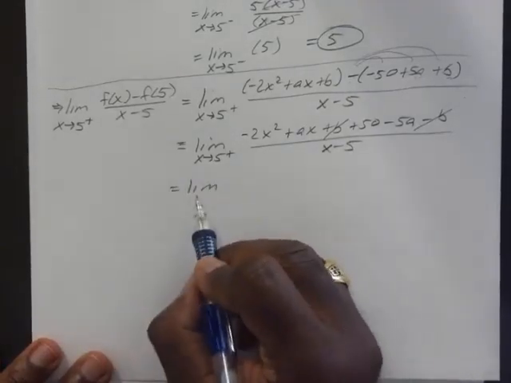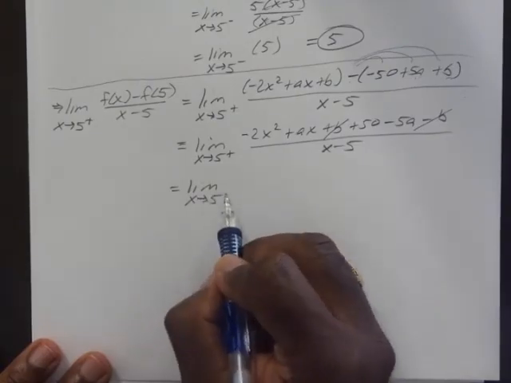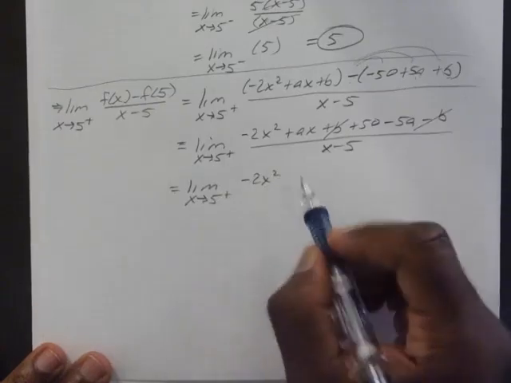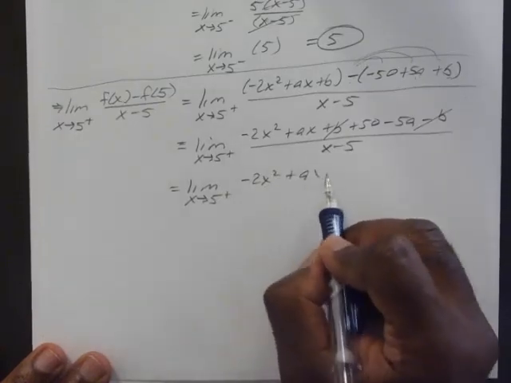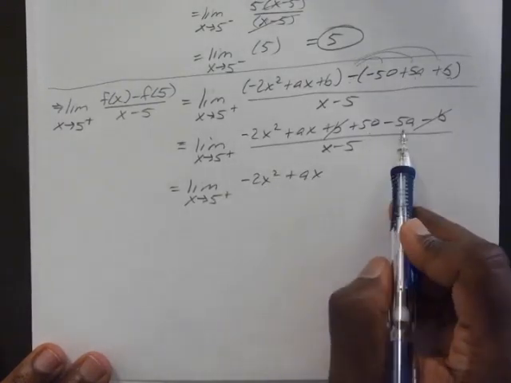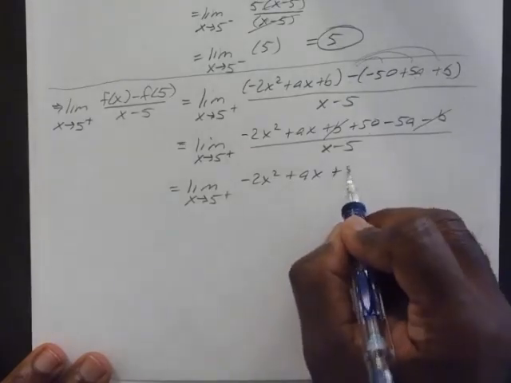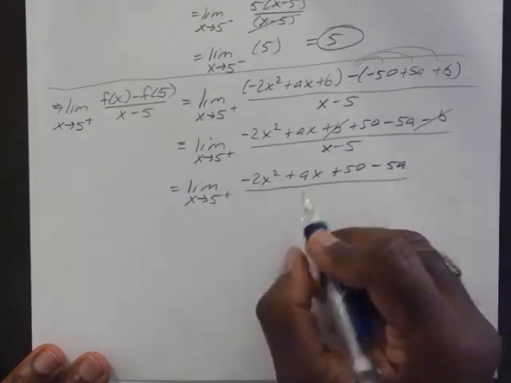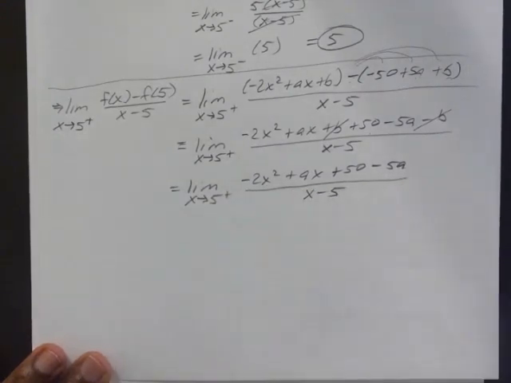So we have the limit as x approaches 5 from the right of negative 2x squared plus ax plus 50 minus 5a, all over x minus 5.